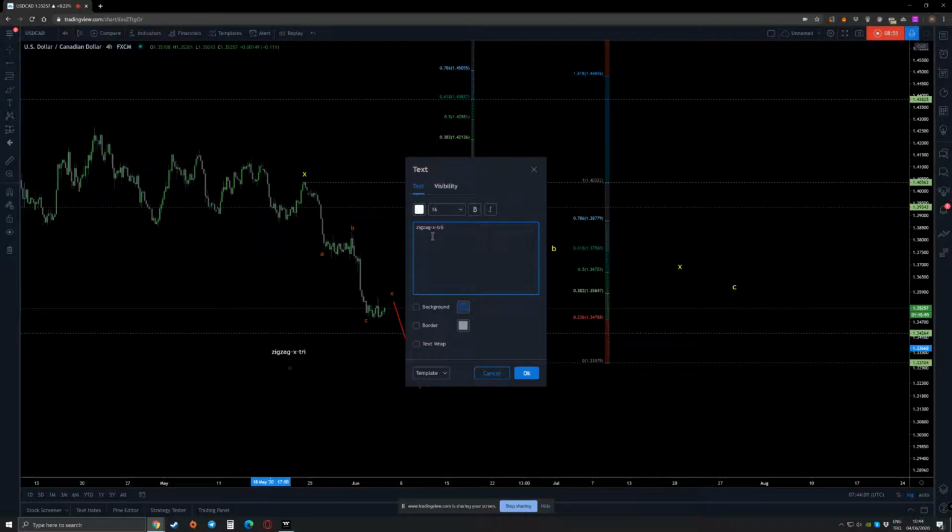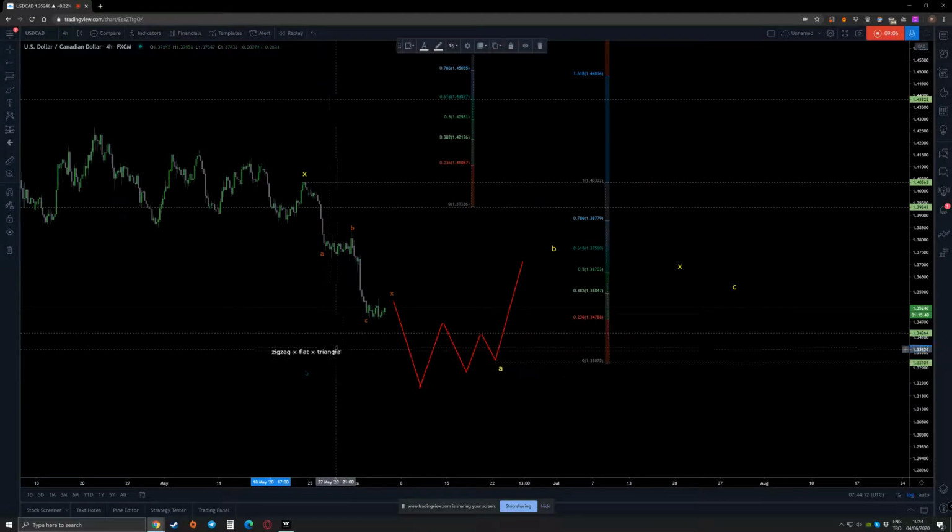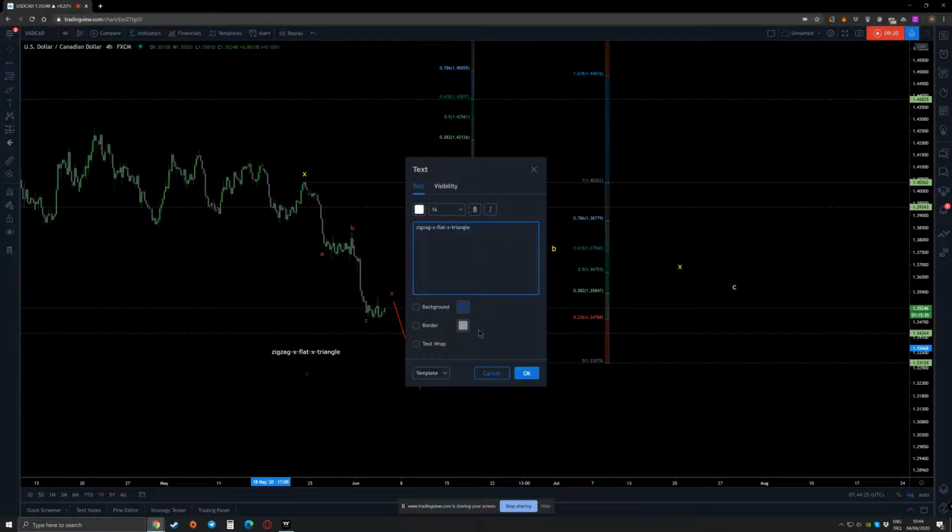It can also be something like a triple combination and triangle. But this triple combination can happen too. Yes, there is no reason for it not to. So it can also be a zigzag, flat, or another zigzag too, which will be more destructive.